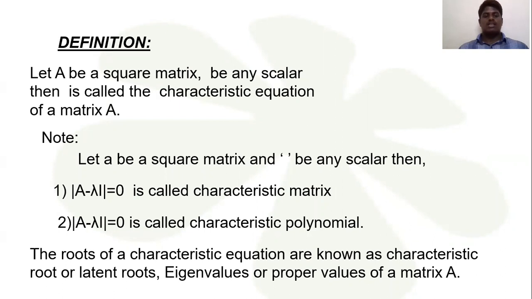Mod of A minus lambda I is called the characteristic polynomial. The roots of the characteristic equation are known as characteristic roots or latent roots. Eigenvalues are proper values of a matrix A.